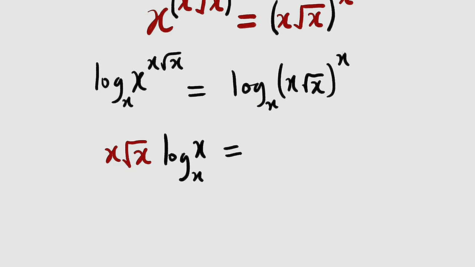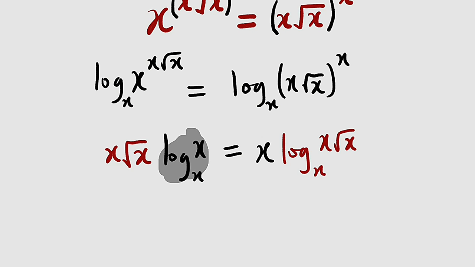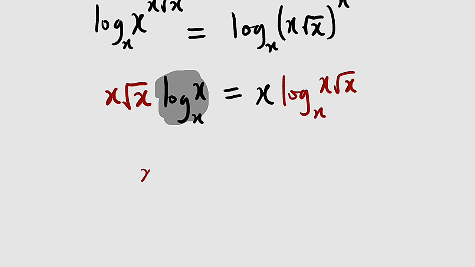This is equal to, this x can also drop down to multiply. We have x multiplied by log of x root x base x. This is already equal to 1, so it is gone. To the left hand side we have only x root x. To the right hand side we have x multiplied by, we can split this product because we have x multiplied by root x.